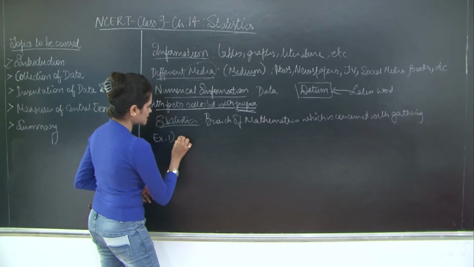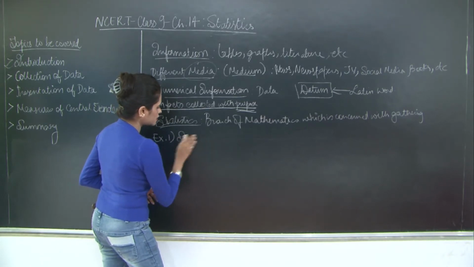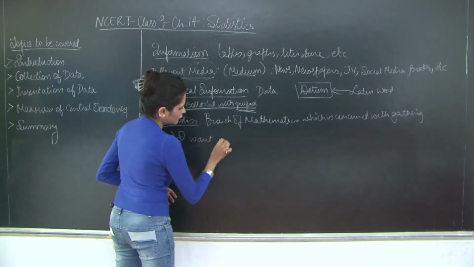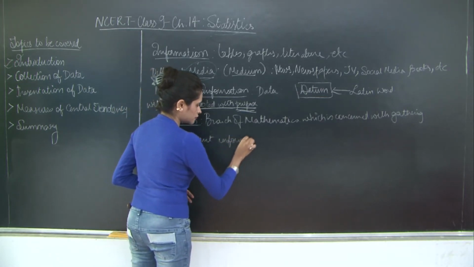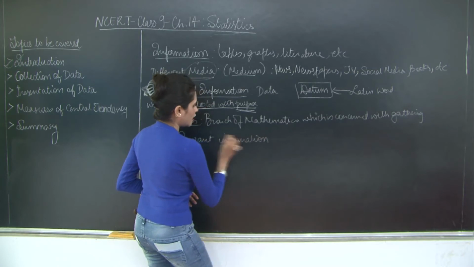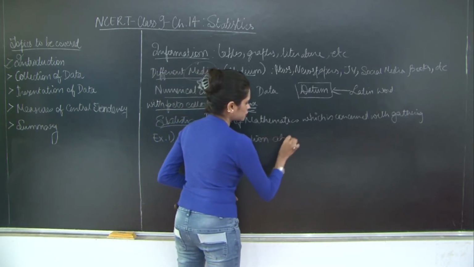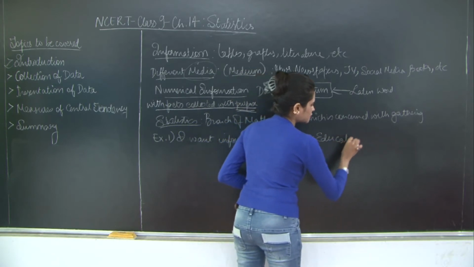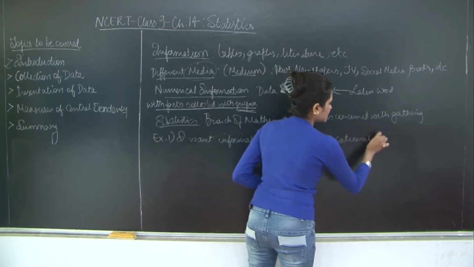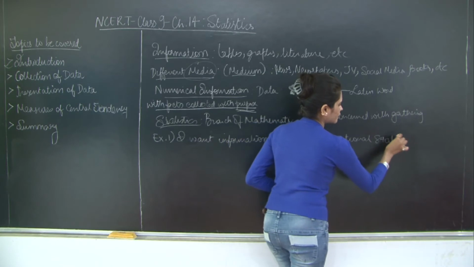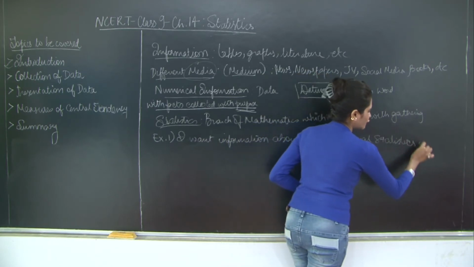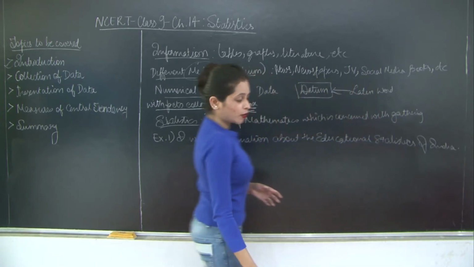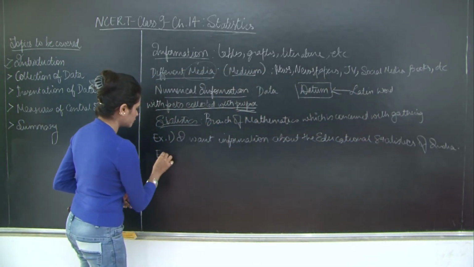So the first sentence is, I want information about the educational statistics of India. And the other one is example 2.